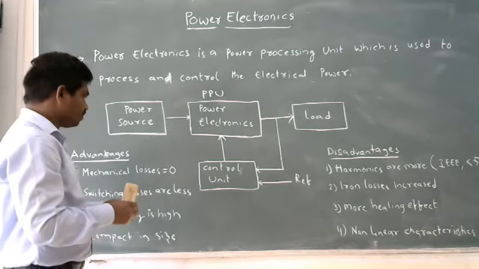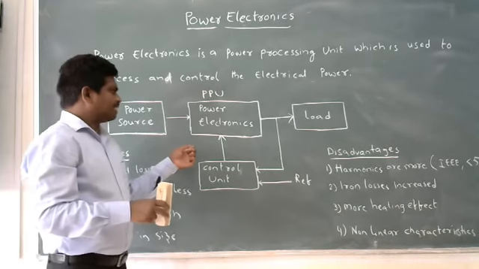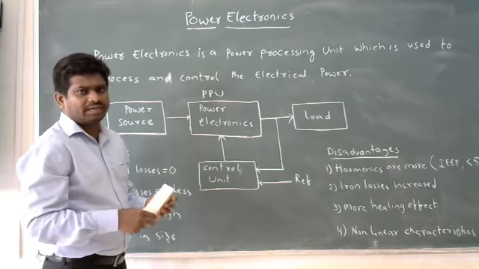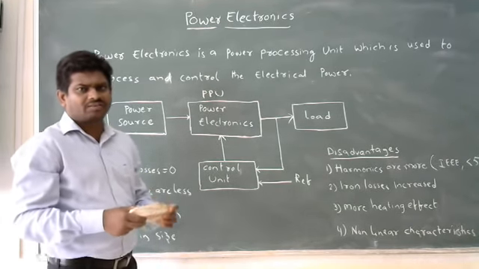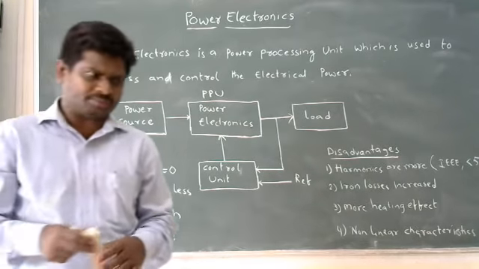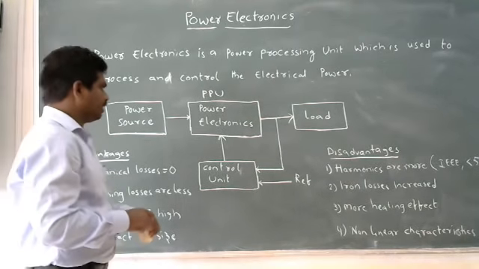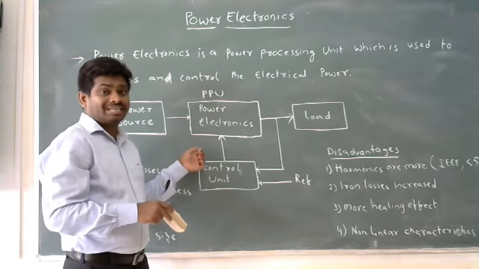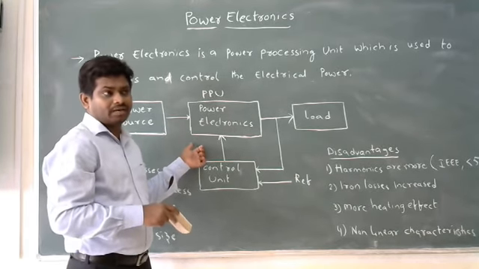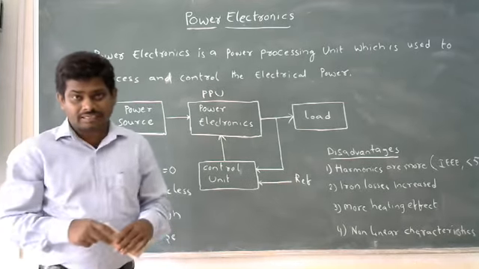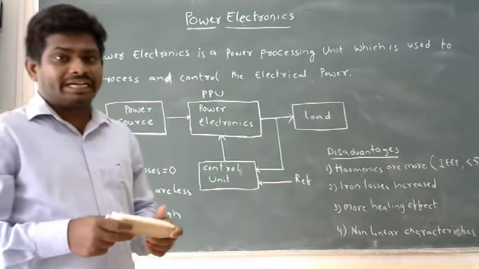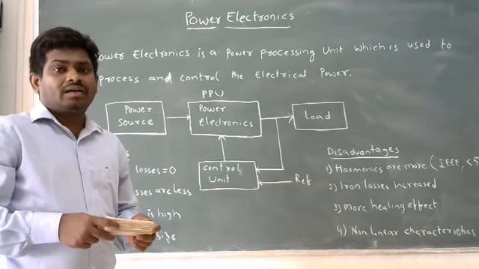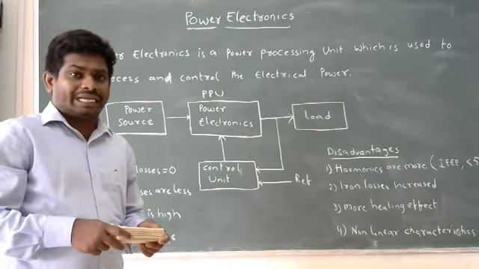For example, take the phase control rectifier, which is used to convert AC power to DC power. In that case, when we use the rectifier circuit with a thyristor or SCR, silicon controlled rectifier, it is a three-terminal device in which we find the anode, cathode, and gate terminal.